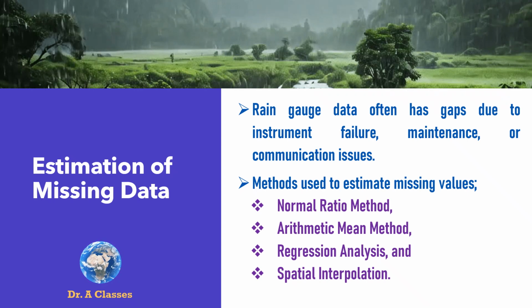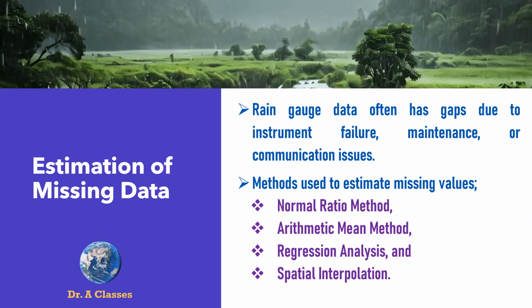The normal ratio method is a popular choice, which uses data from nearby stations weighted by their normal annual precipitation. Simpler approaches like the arithmetic mean method might be used for quick estimation in uniform areas. It averages nearby station data, though it is less accurate for highly variable rainfall.